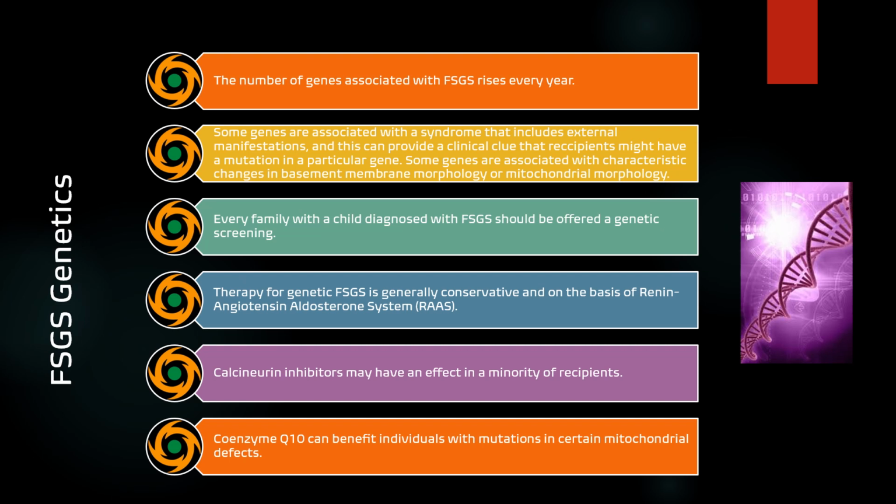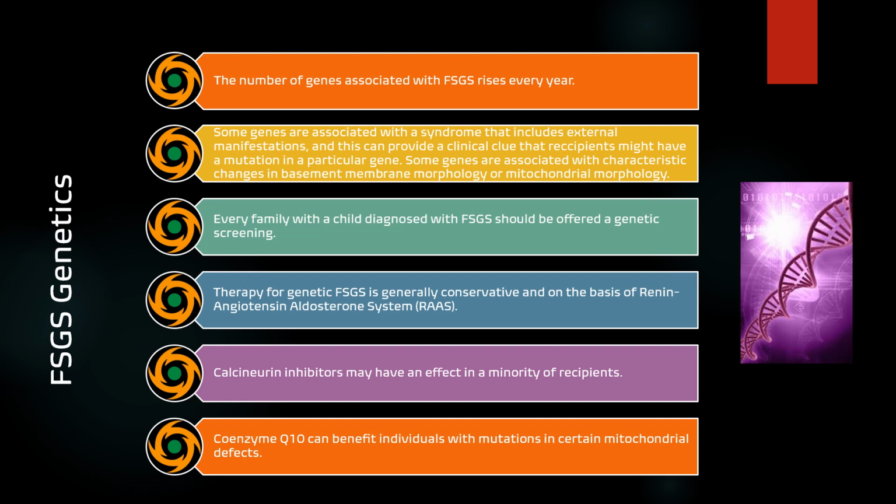In the context of genetics, the number of genes associated with FSGS increases every year. Some genes are associated with a syndrome that includes extrarenal manifestations, and this can provide a basis that recipients might have a mutation in a particular gene.